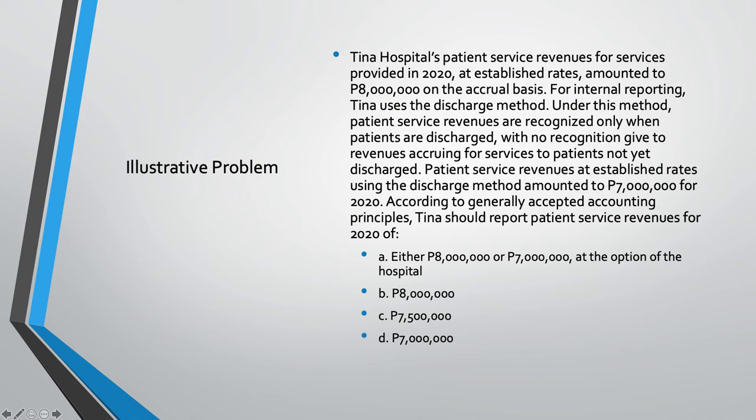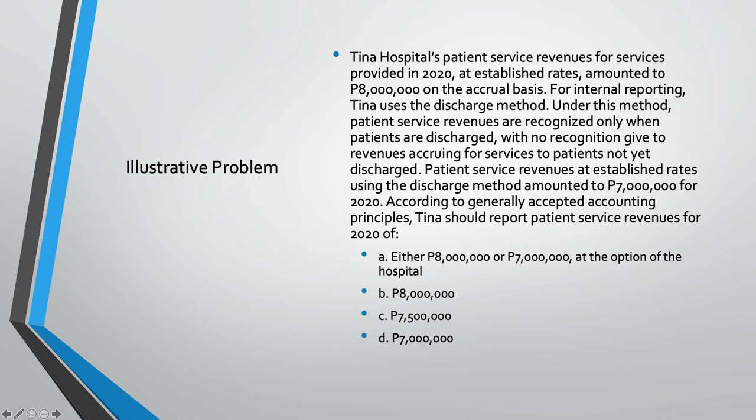Under this method, patient service revenues are recognized only when patients are discharged, with no recognition given to revenues accruing for services to patients not yet discharged. Patient service revenues at established rates using the discharge method amounted to 7 million for 2020. According to generally accepted accounting principles, Tina should report patient service revenue for 2020 of what?